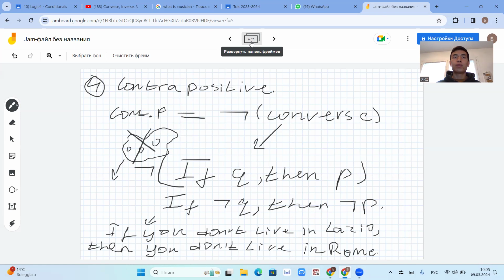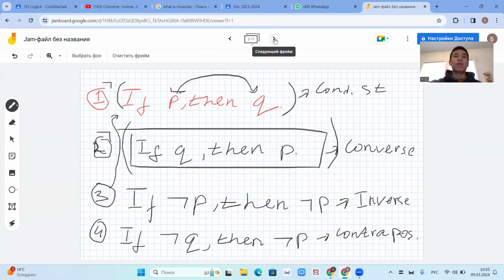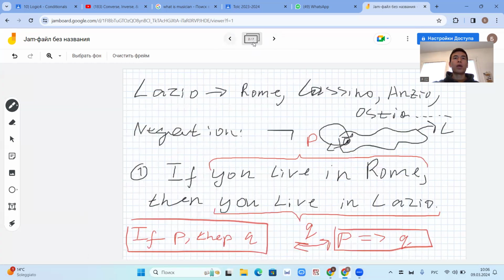стейтментам, conditional? Давайте повторим. The first is conditional statement. If P, then Q. Second one is converse. If Q, then P. Third one, inverse. If not P, then not Q. And fourth, the last one is if not Q, then not P. Okay.